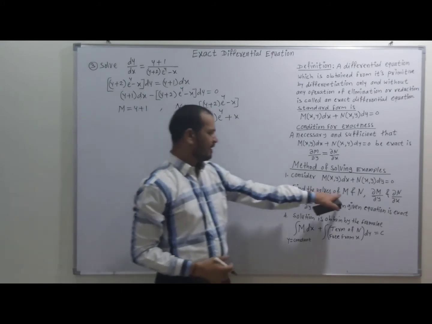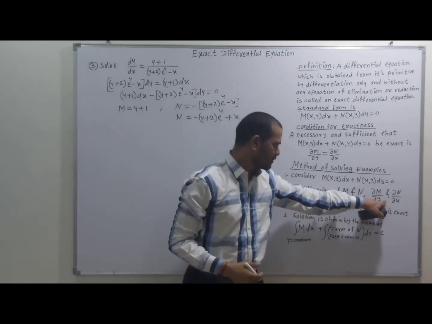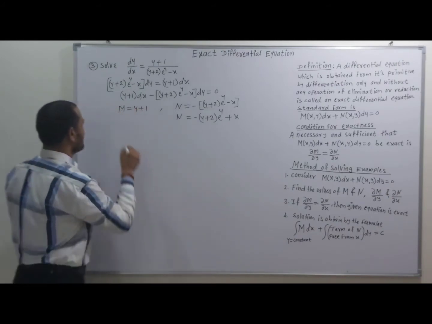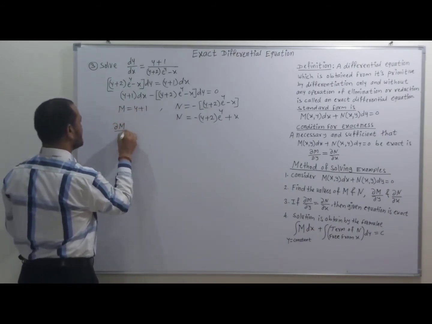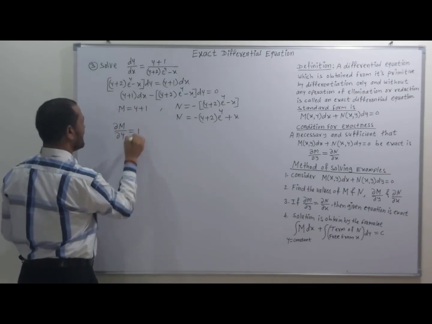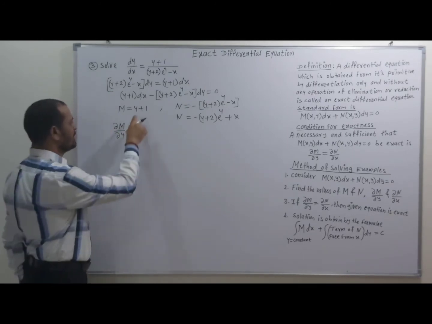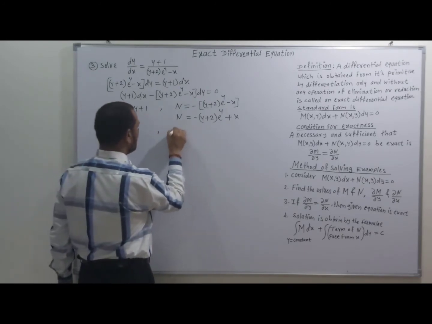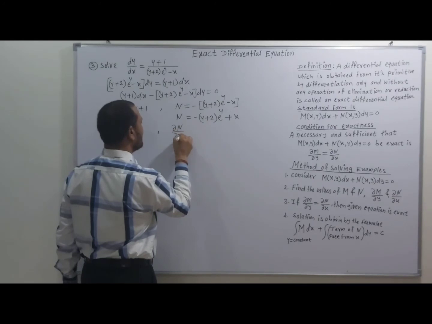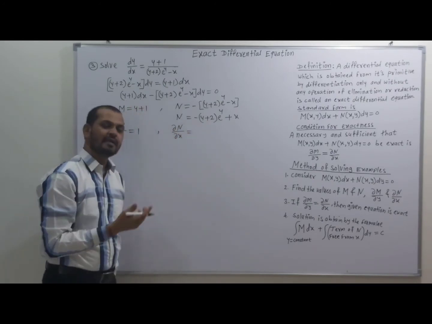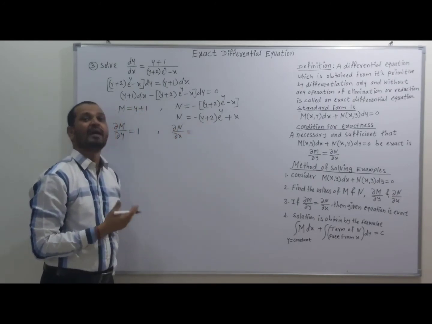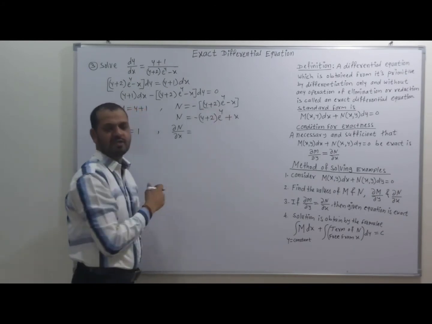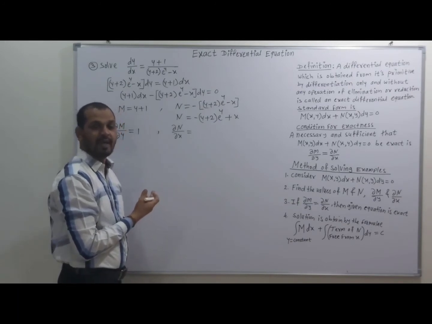Now after finding the values of M and N, our next step is to find the partial derivative of M with respect to y and of N with respect to x. If we take the partial derivative of M with respect to y, we get 1, because the derivative of y with respect to y is 1 and this one is constant. Similarly, if we take the partial derivative of N with respect to x, then y is constant, so the y term is constant and its partial derivative with respect to x is 0.